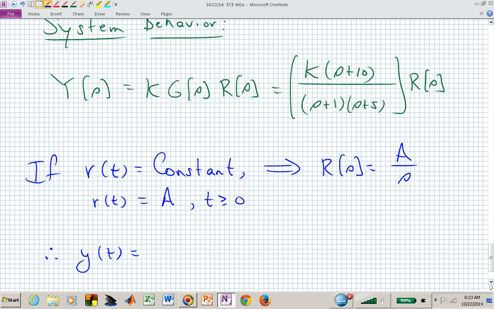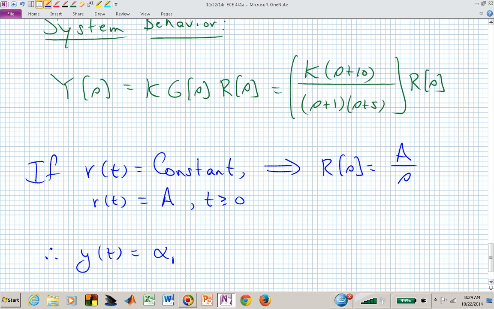How do I find little y of t? Partial fraction expansion. If we do a partial fraction expansion, what kind of fractions am I going to have? I'm going to have something over an s, something over a factor s plus 1, and something over an s plus 5 factor, and that will produce in the time domain some constant.